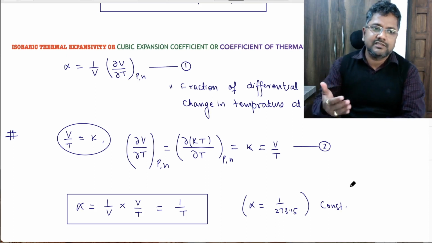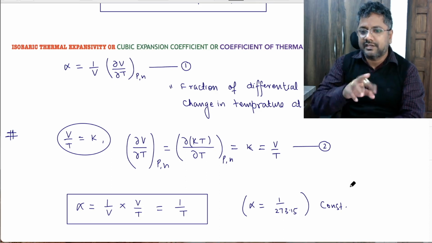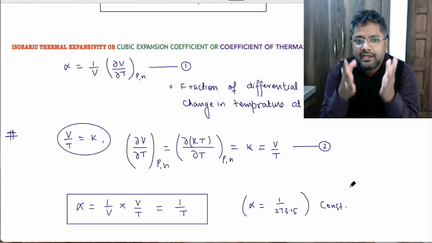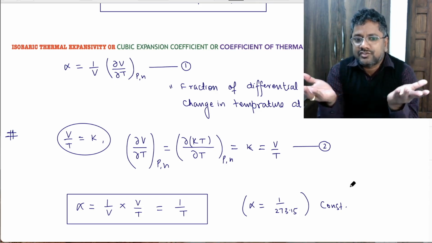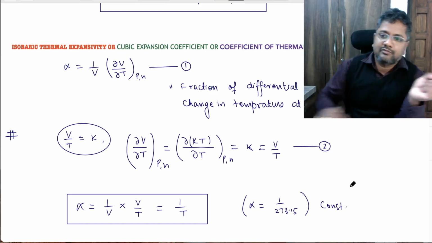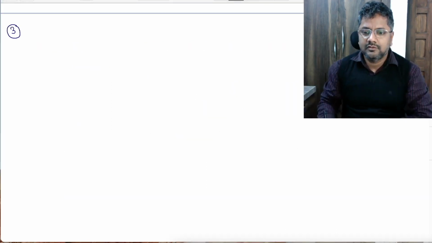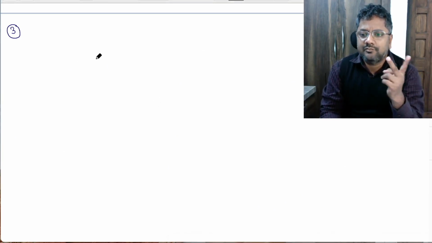So the first one is the compressibility factor, because there is inverse relation between P and V, and here expansivity factor, because T and V are directly proportional.